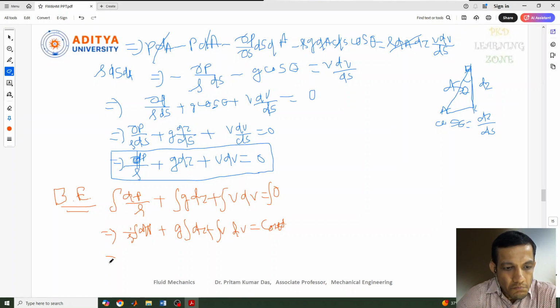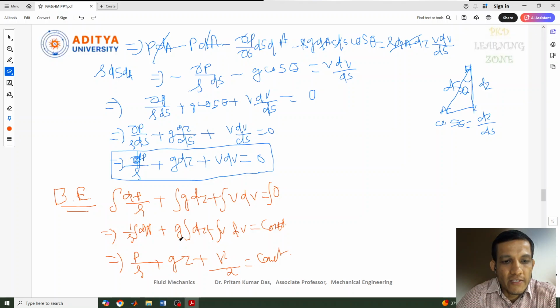Now what will we get here? Integration of dp gives p by ρ, next g times integration of dz gives z, plus integration of v dv, that is v square by 2, equal to constant. This is the equation we are going to get.